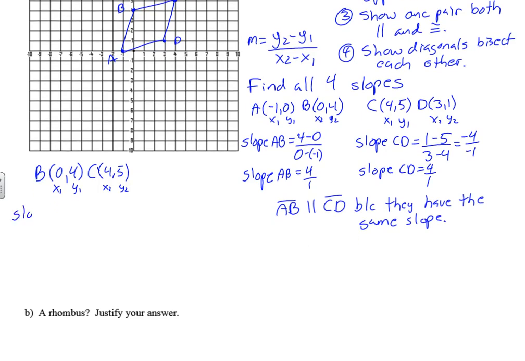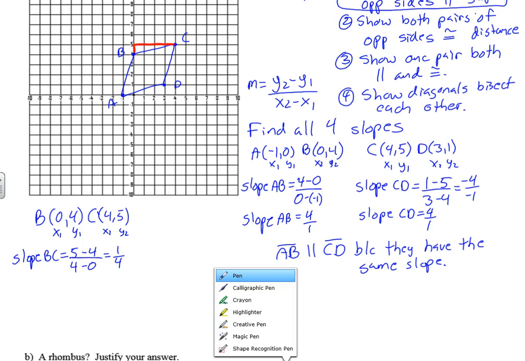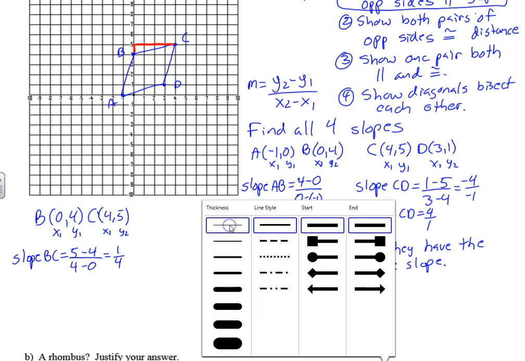So the slope of BC is y2 minus y1, 5 minus 4 over 4 minus 0, or 1/4. Now, just when you're doing slope and you have a graph, don't get so formula focused that you forget how to count. You go up 1 and over 1, 2, 3, 4. So that's a nice simple way to check your work as you're doing that.